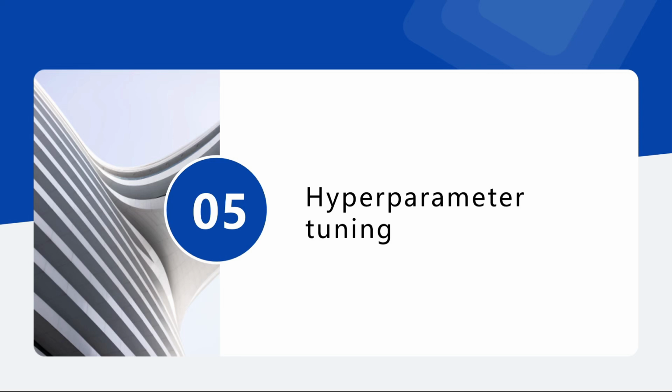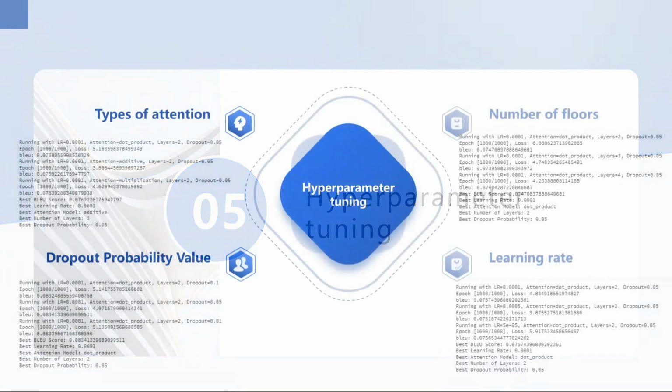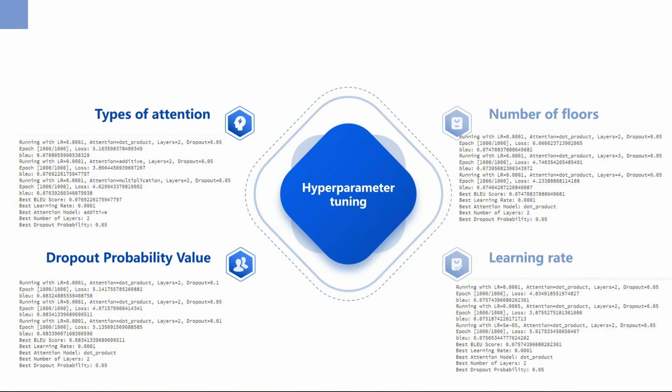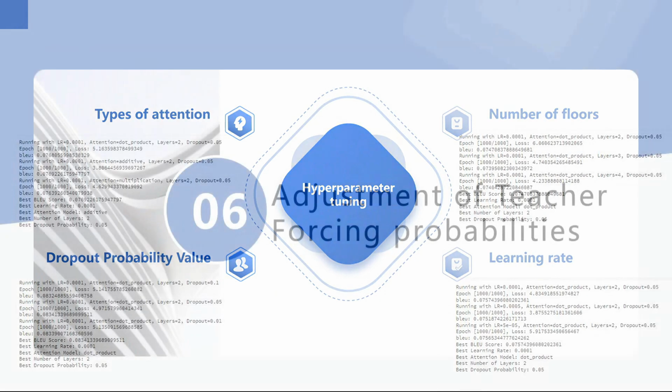Next is hyperparameter tuning. Here, I tuned hyperparameters including the type of attention, the number of neural network layers, the dropout probability, and the learning rate. I found that the best performance was achieved with a learning rate of 0.0005, 2 layers, additive attention, and a dropout probability of 0.05.